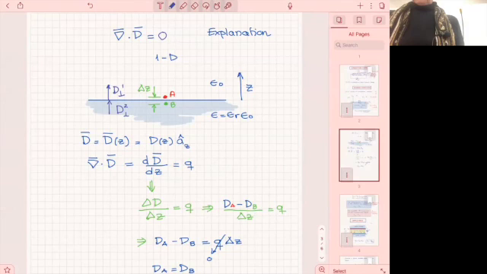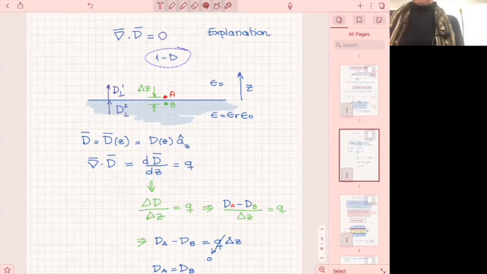Now let us assume that I have an infinite interface and a one-dimensional problem, which means that E will be along the Z direction, and D, which is the flux density, will be along the Z direction.